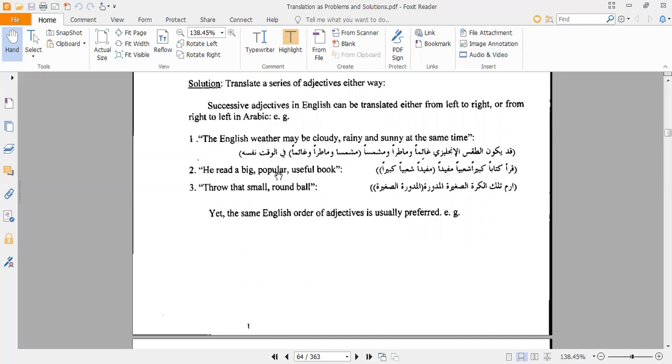He read a big popular useful book. بنلاحظ إنه استخدمنا commas to separate between the adjectives. ولكن من المفترض قبل الصفة الأخيرة هنا، قبل useful، نستخدم and. فأنا ممكن أترجمها يقرأ كتابا كبيرا شعبيا مفيدا، أو ممكن أستخدمها مفيدا شعبيا كبيرا. أوكي.